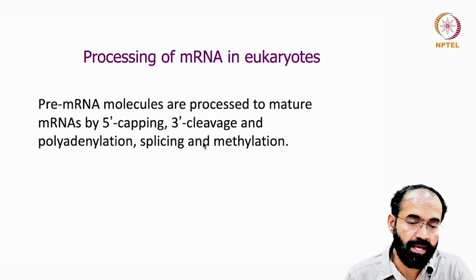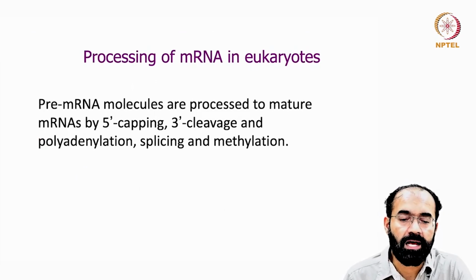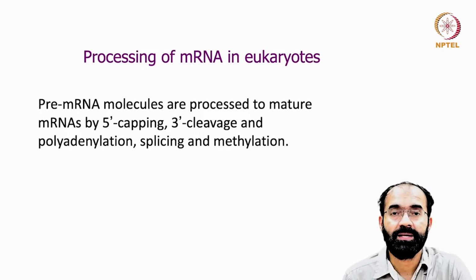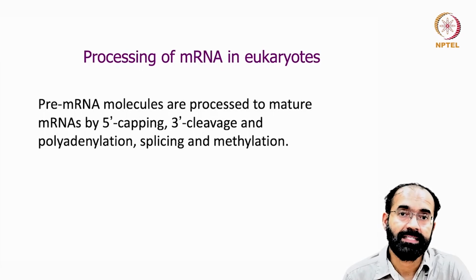So let us see how the processing of mRNA takes place in eukaryotes. The pre-mRNA molecules are processed to mature mRNA, usually starting with a 5' capping. We have seen the 7-methyl guanosine cap that is added by a 3-enzyme or 3-step enzymatic process.